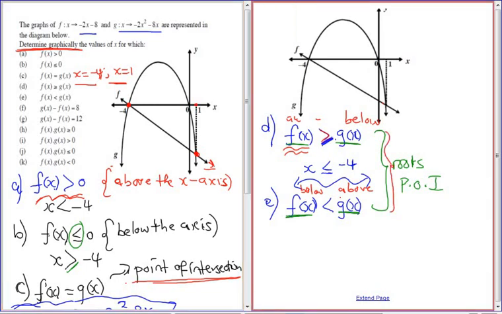Well, you know that your roots are going to be here and there. That's where your roots are. But which direction? And you know what? That just helped me to look at something, right? Do you see that at D here we didn't use that method and we missed one solution? We talked about when function of x is greater, which is above. We talked about this side only. Did you see that there was this side as well, down here?